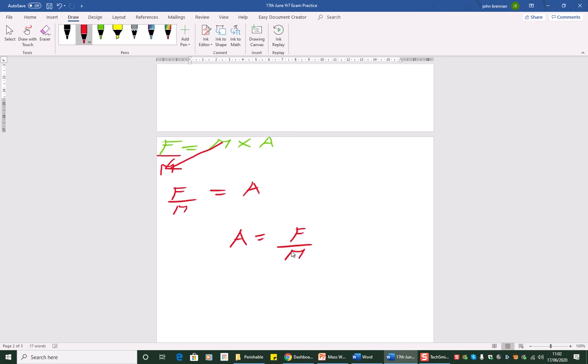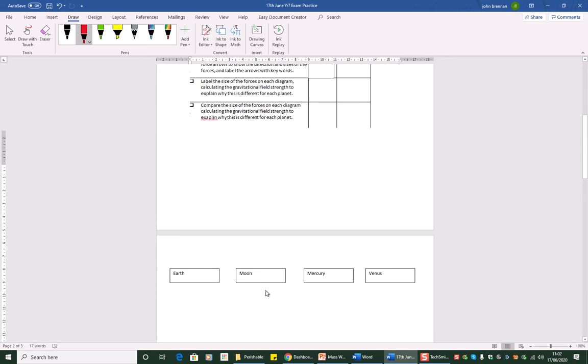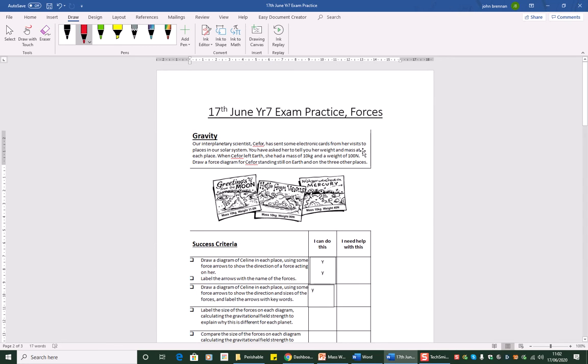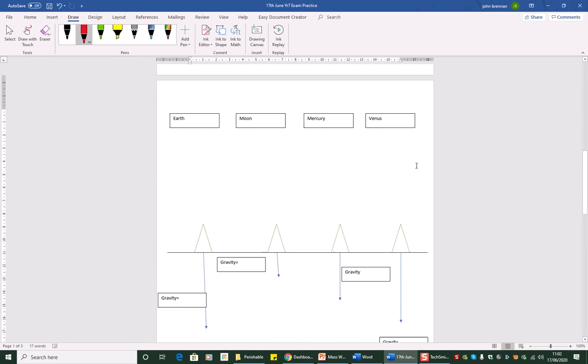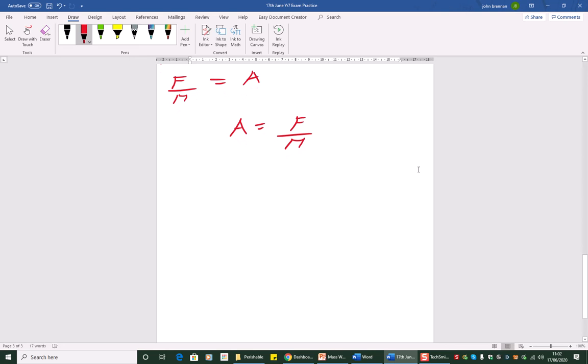Let's do the first one, the easiest one to do, and that's Earth. So let's have a look back at Earth, and that's here. The mass is 10 and the force is 100. That will be 100 divided by 10.